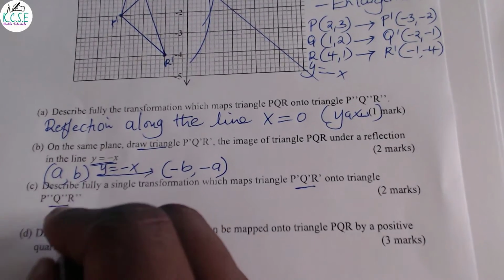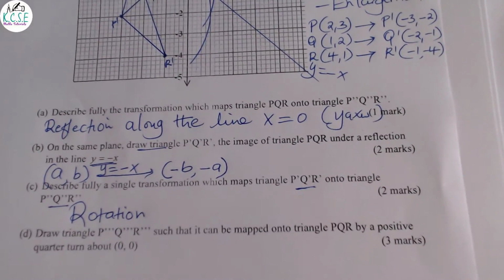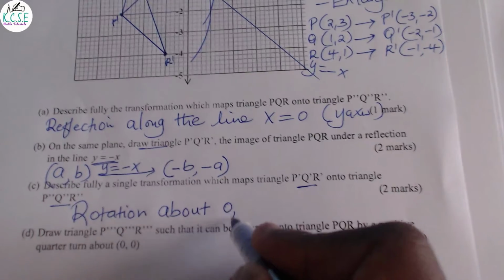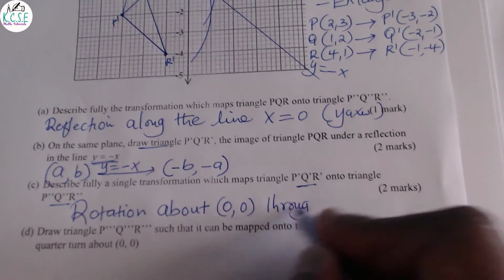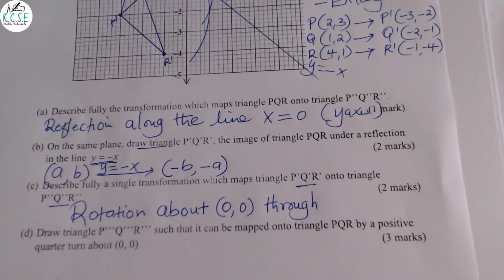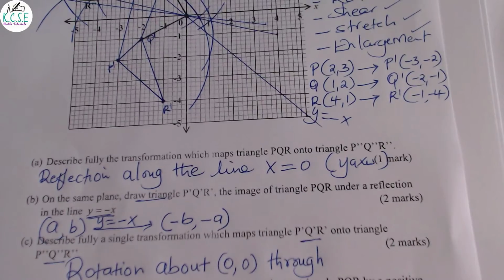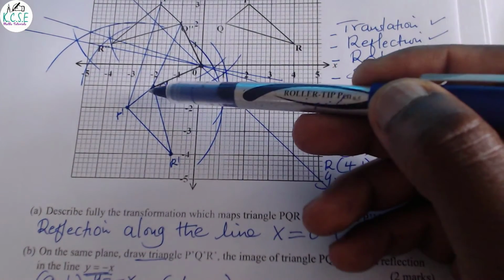You've noticed that this one is a rotation about the origin (0, 0) through what angle? Since the angle is measured clockwise from the object point, it is a clockwise rotation.